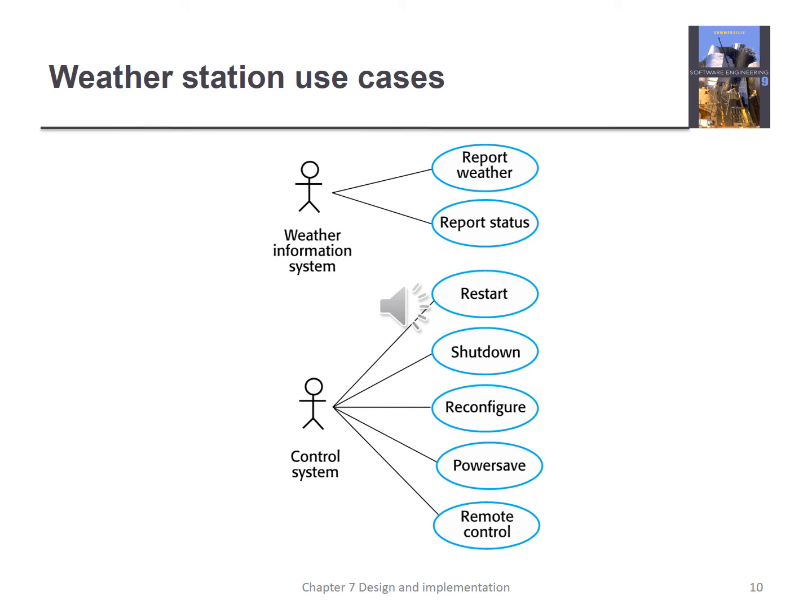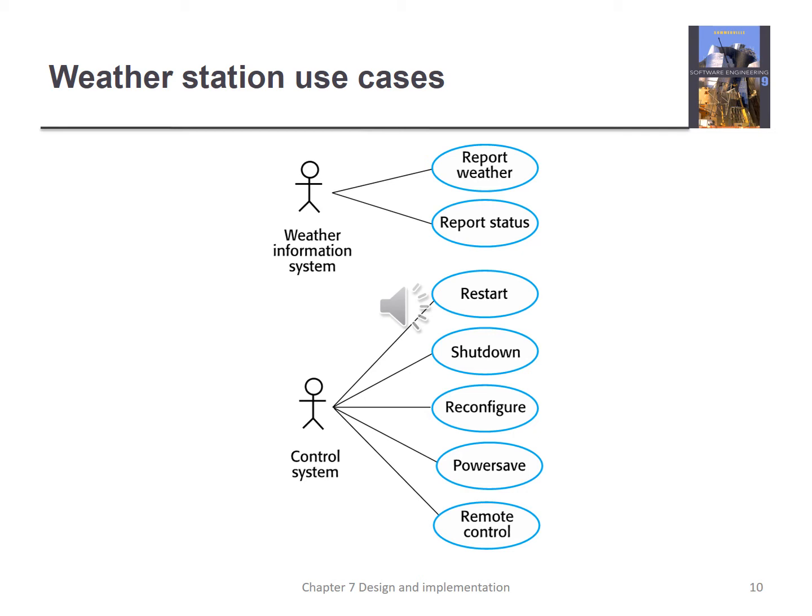Then we find out what functionality we are going to provide, and what functionality can be done by which actors. What actors do we have? We have actors like the weather station system. We have a control system. They work here as actors. The control system, as an example, does a restart for the station, a shutdown, and a reconfigure if we're going to add a new instrument to it.